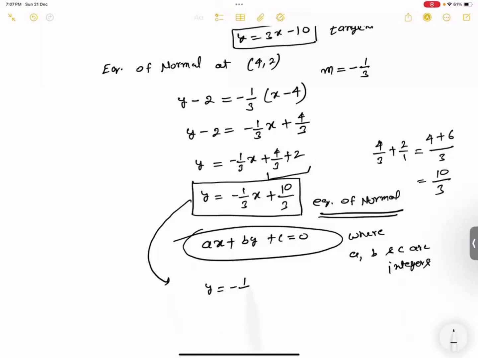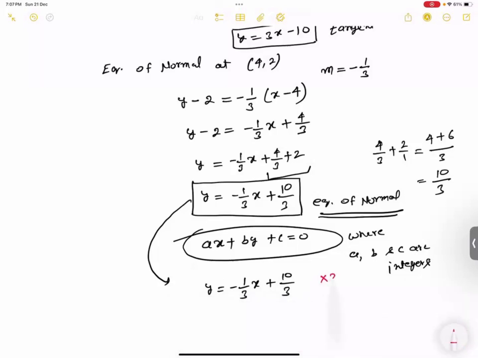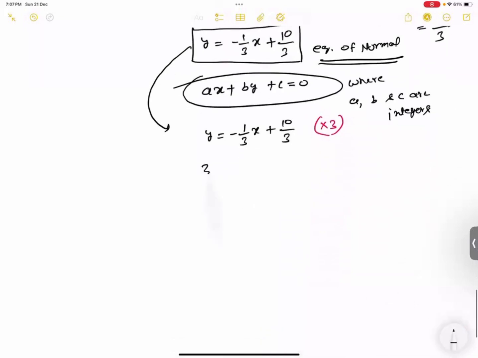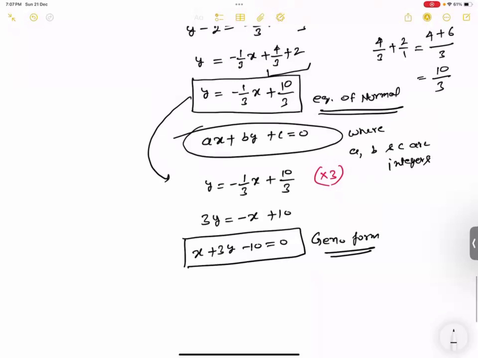We have the equation minus 1 upon 3 x plus 10 upon 3. Let's multiply the whole equation by 3, because 3 is the denominator. After that we get 3y equal to minus x plus 10. Let's bring everything to the left side. So x plus 3y minus 10 equal to 0. So this is the general form of the normal. Hope this is clear to you.